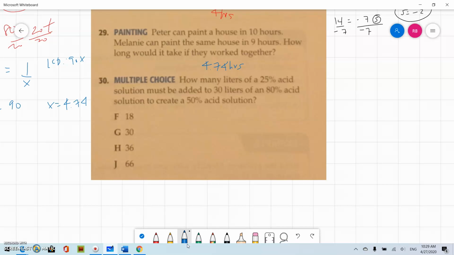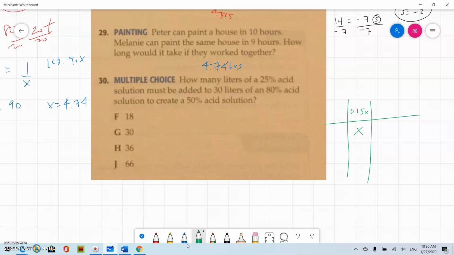Multiple choice. How many liters of a 25% acid solution must be added? So this is the one that we drew a little table for, right? I don't know how much, but it has acidity of 0.25x. So there must be 0.25x.